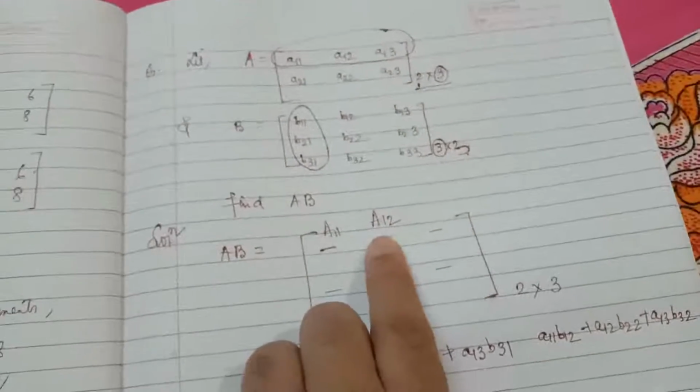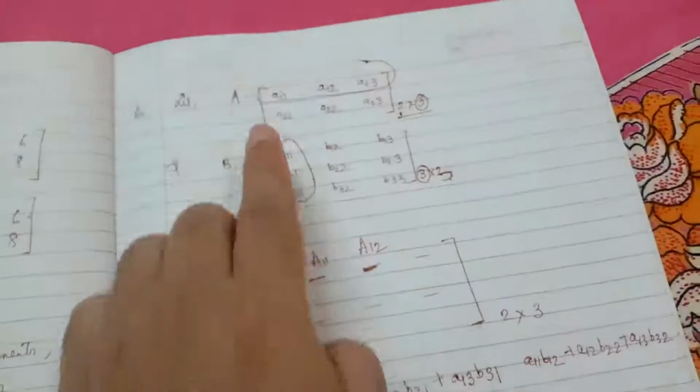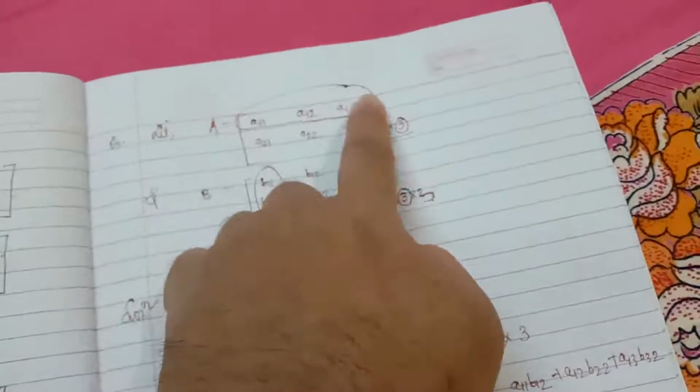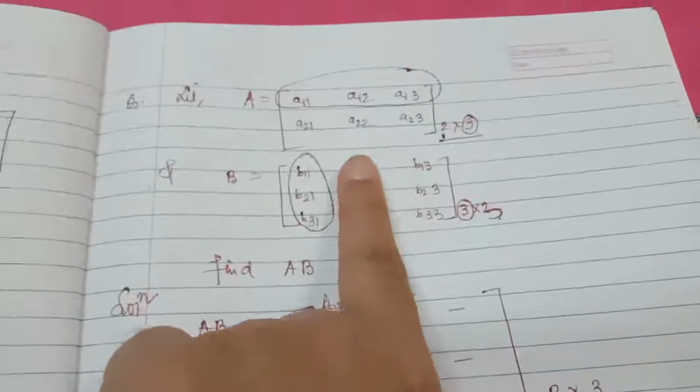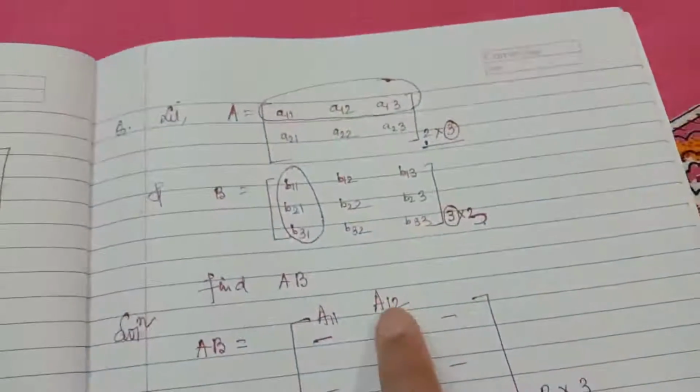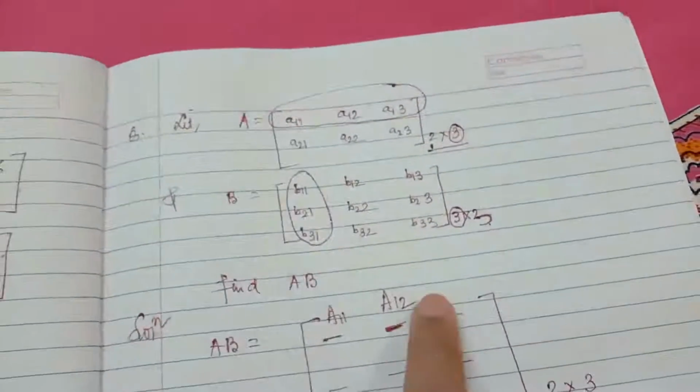This is the first row, second column element. To get this, we multiply the first row of A with the second column of B.